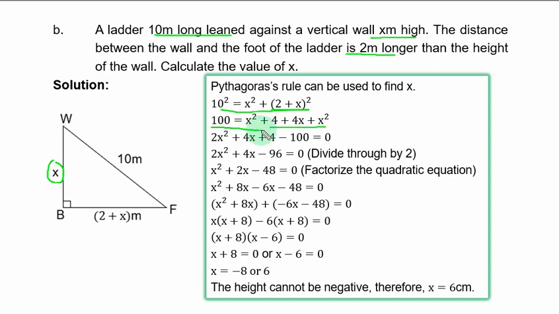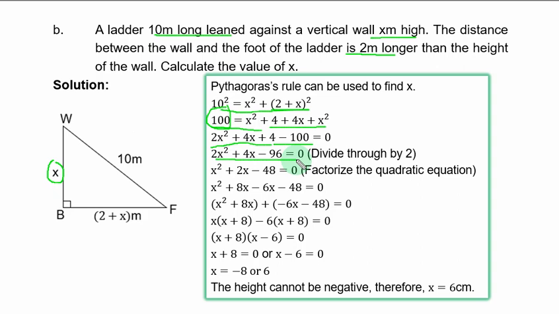Already we have a quadratic equation. In order to solve, one of the sides needs to be 0. So let us transfer 100 in. So you have S squared plus S squared is 2S squared plus 4S plus 4. You transfer 100, it becomes minus 100 equal to 0.